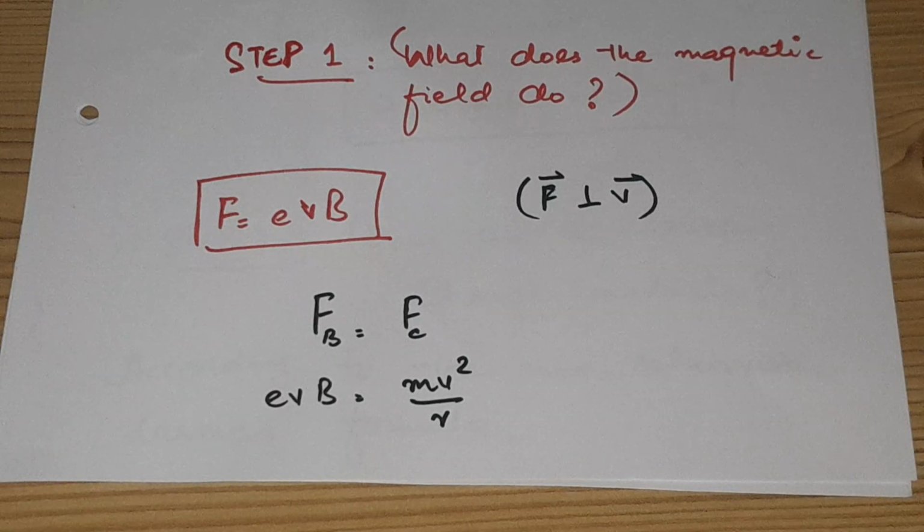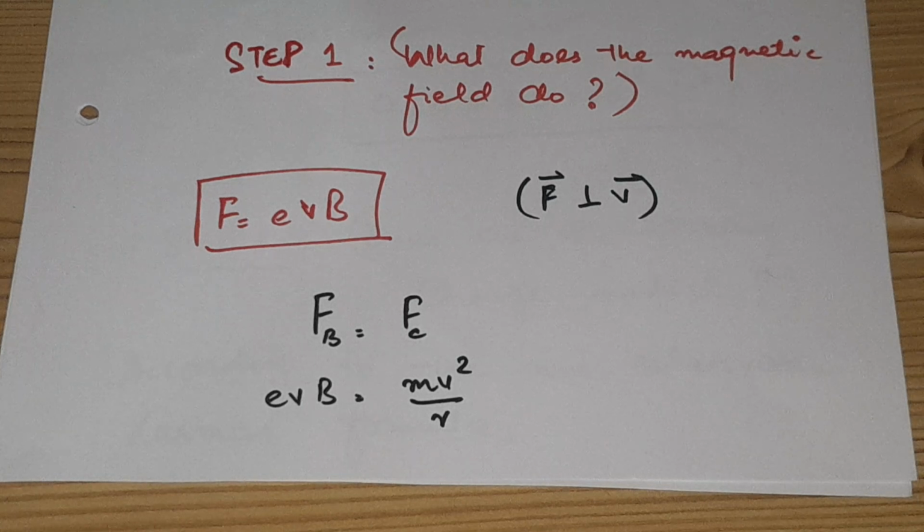The magnetic force provides the centripetal force. Thus, evB, the Lorentz force, is equal to mv² over r, which is the centripetal force.